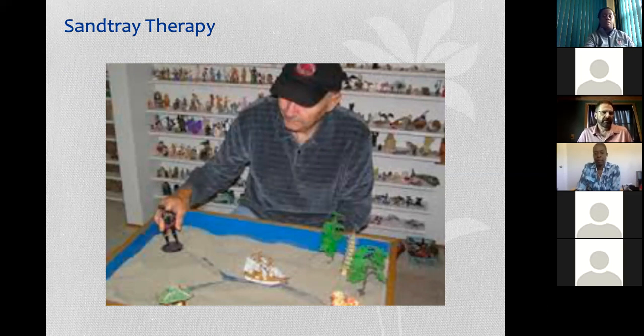So think about the use of Sandtray with a patient or client that has dementia. It would likely be more of the non-directive stance of Sandtray, which doesn't require the communication. It would not be so much of the directive types of Sandtray that have you do specific things or respond to specific prompts that the therapist may be using.